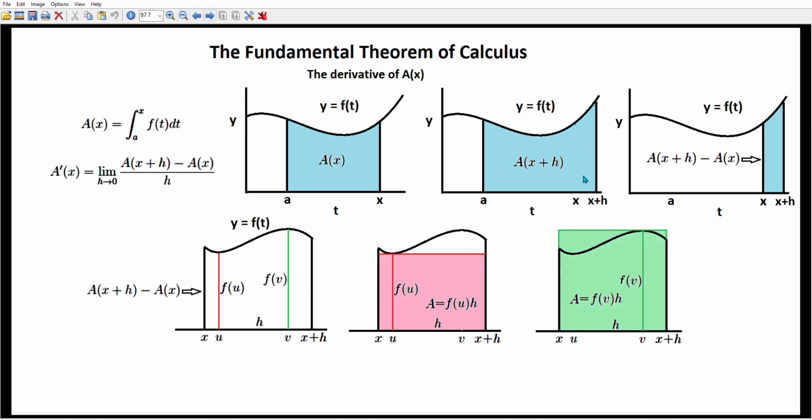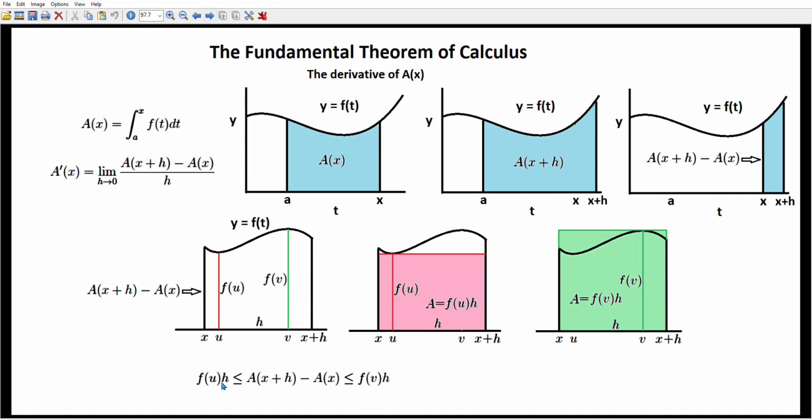And it's going to be less than or equal to the area of the rectangle we get when we use the biggest height. So the minimum value of f on the interval times h, the maximum value of the function times h, and the actual area is in between.